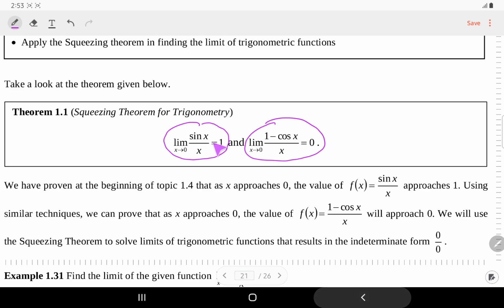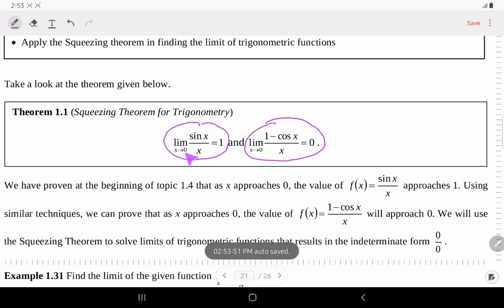The first function must be sin x over x. It will become equal to 1 only for this kind of function, sin x divided by x, and the limit is at 0.